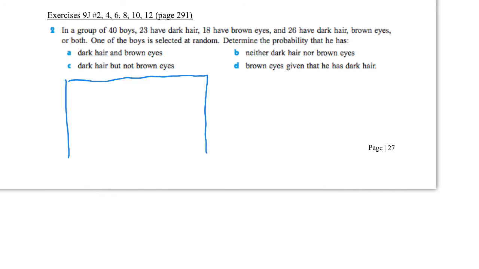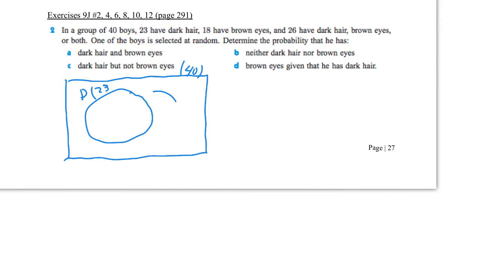So I'm going to do the usual. Before I even look at the questions, I have a universe of 40. I have a set of boys with dark hair, that's D, 23. And then I have a set of boys with brown eyes, so that's B, 18. And then here's where I have to make sure I've learned prior information.